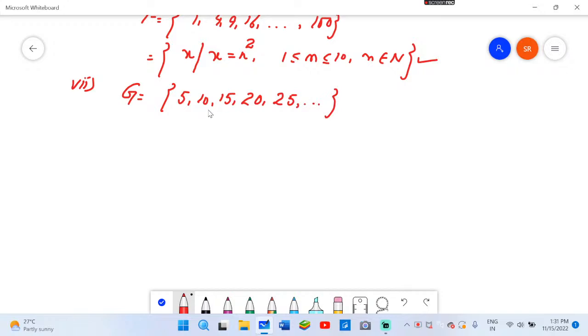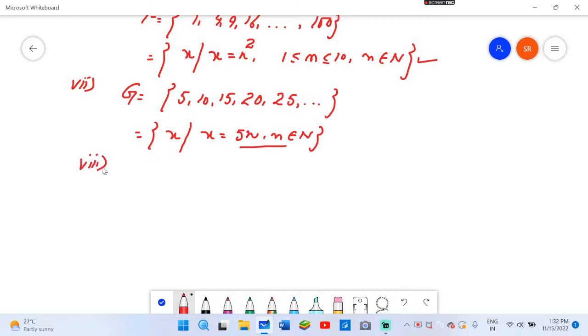So here also these are multiples of 5, and of course positive multiples. So we write it as x such that x is equal to 5n, n belongs to natural numbers. We can verify: n is equal to 1, 5; n is 2, 10; n is 3, 15; n is 4, 20 onwards.